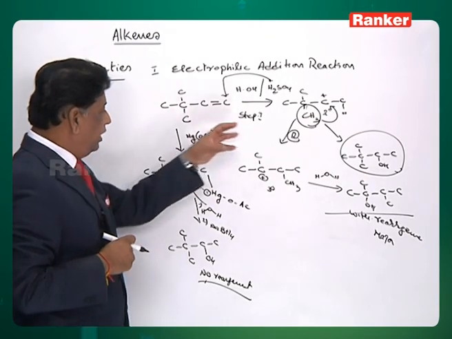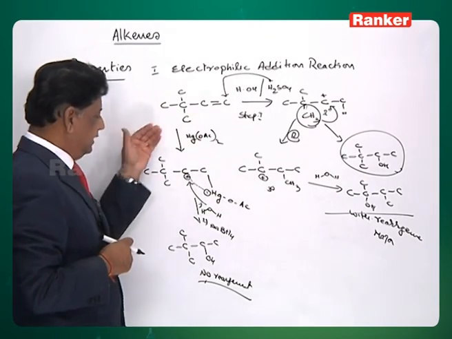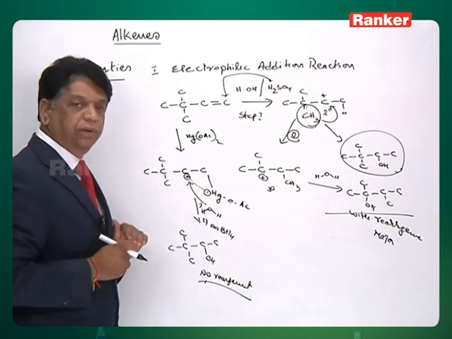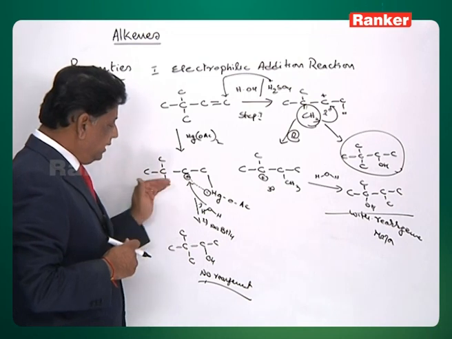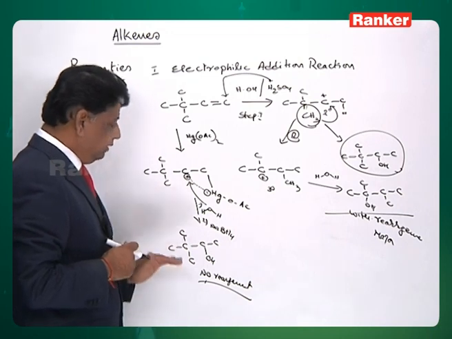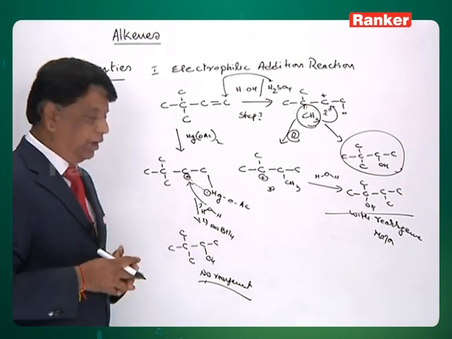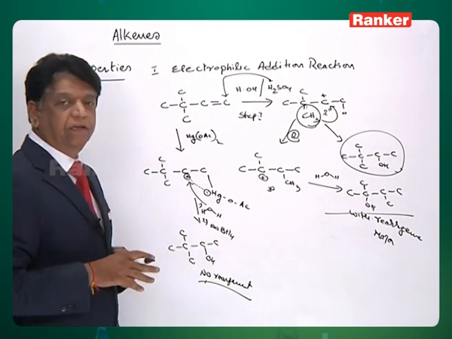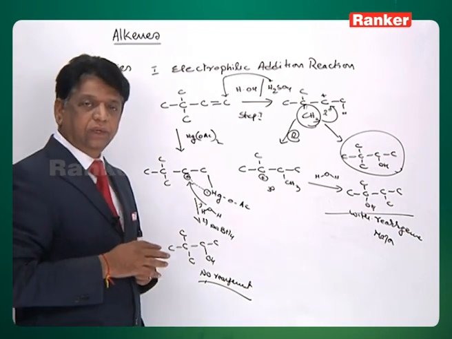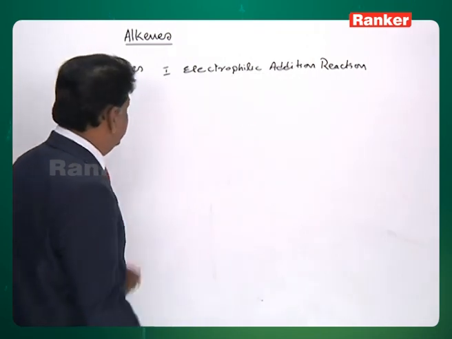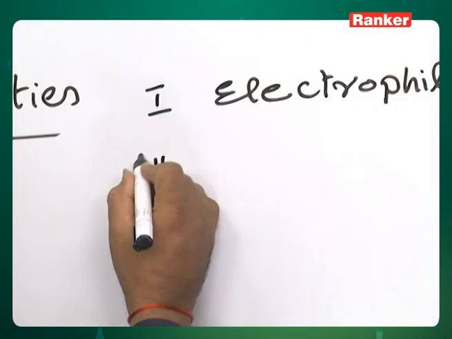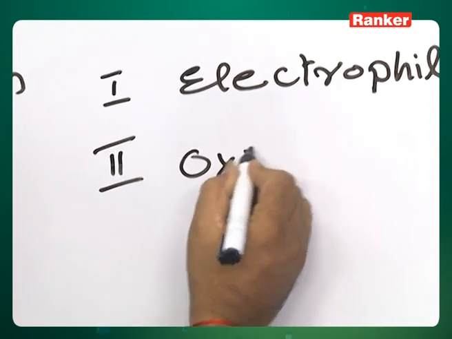So here if I do this mercuric acetate addition followed by the reduction by the sodium borohydride, I am curtailing that rearrangement chance, and you are getting the product without any rearrangement. That is the significance of this oxymercuration and demercuration.